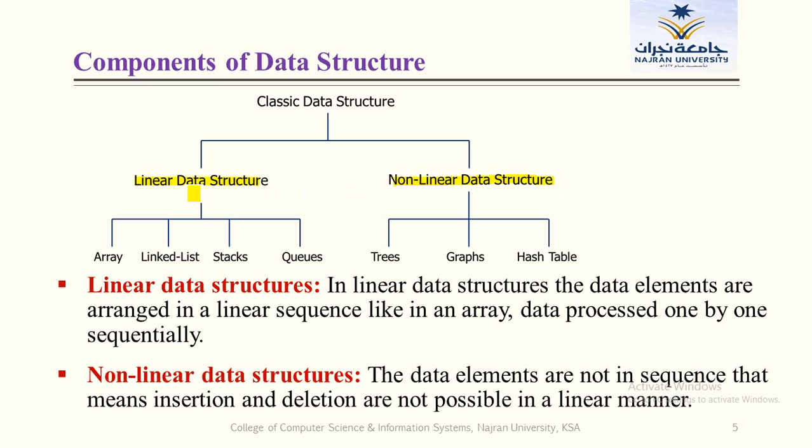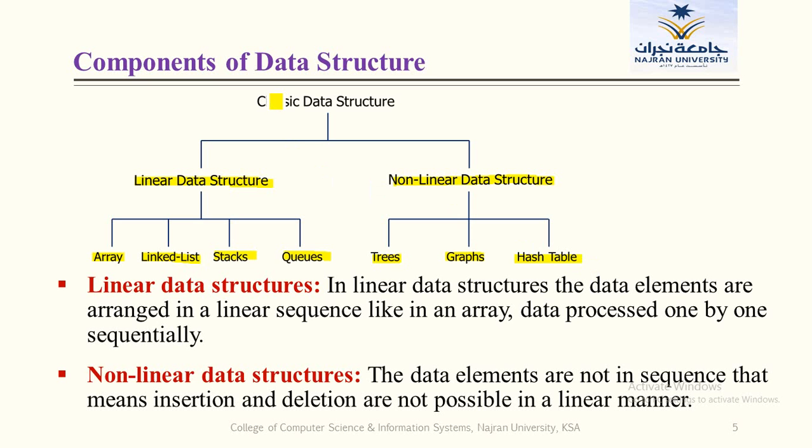Further, linear data structures are divided into arrays, linked list, stack, and queues. So these are the four main data structures under linear data structures.